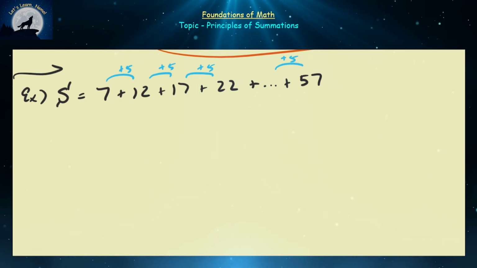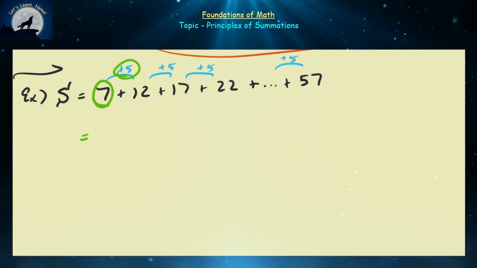So the first thing that I want you to notice is that I can represent 12 as 7 plus 5, and you can represent 17 as 7 plus 10, and you can write 22 as 7 plus 15. That is, I'm writing this in terms of the initial term and a multiple of the common difference. So let's take a closer look at what that would look like.